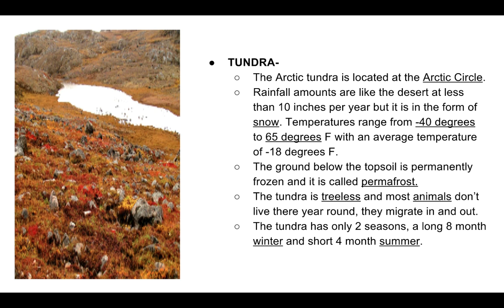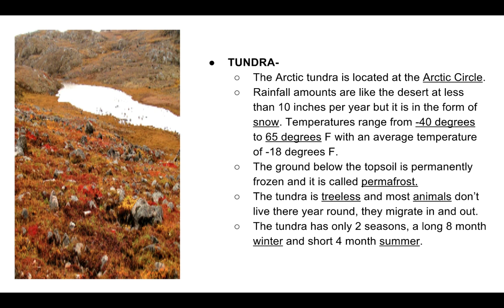Rainfall amounts are like the desert at less than 10 inches per year, but it's in the form of snow. Temperatures range from below 40 degrees to 65 degrees Fahrenheit, with an average temperature of negative 18 degrees Fahrenheit, which is very cold. The ground below the topsoil is permanently frozen and is called permafrost.